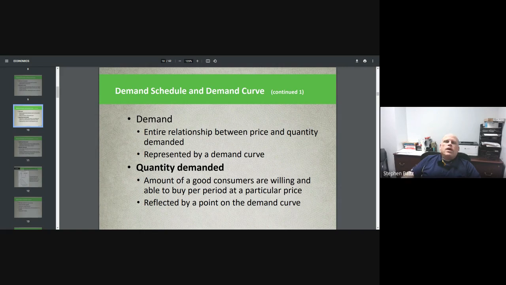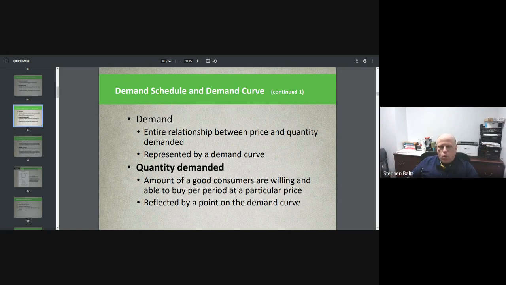All right. Now, quantity demanded, when we talk about quantity demanded in economics, what we're talking about is one particular point along a given demand curve. So if you're looking at the demand curve for pizza, then it's one point along a given demand curve. And what it's telling us is the amount of a good consumers are willing and able to buy per period at a particular price.